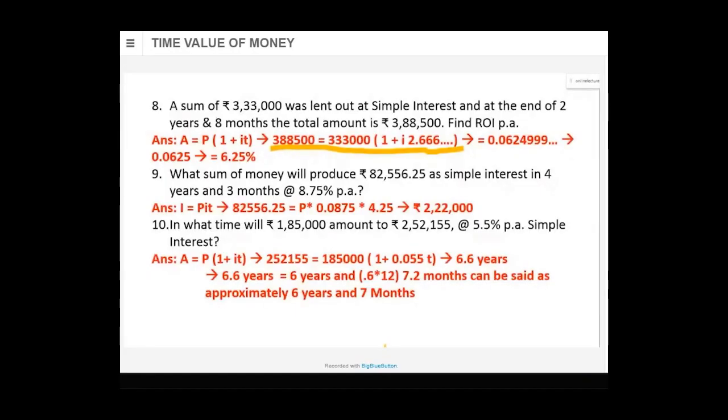Exactly 6 years, 7 months and 6 days. 6 years 7 months and 6 days. Is that clear? 7.2 months. For months, we have to multiply to make it days. 0.2 will be multiplied by 30.